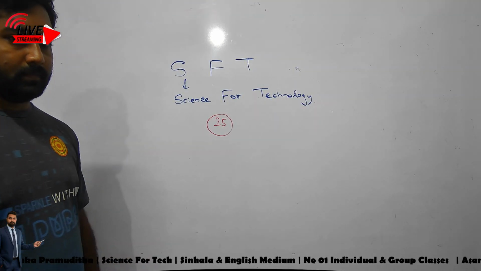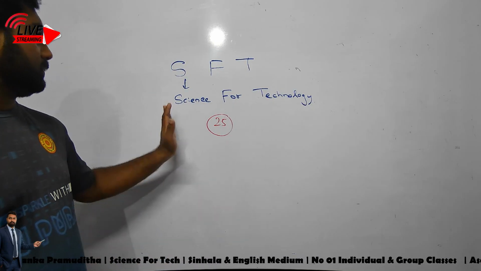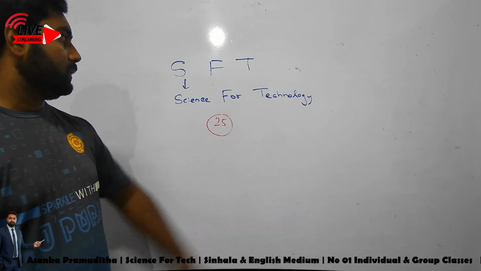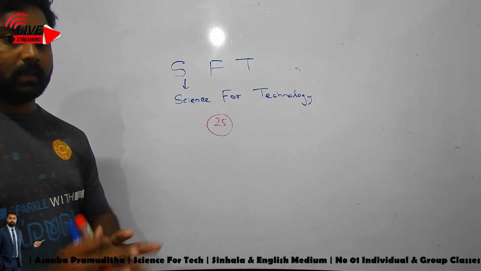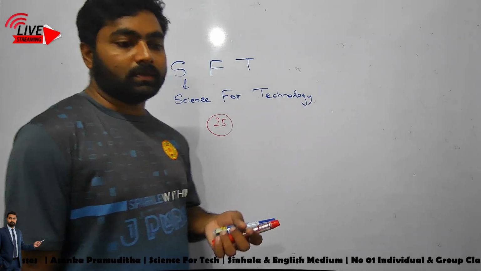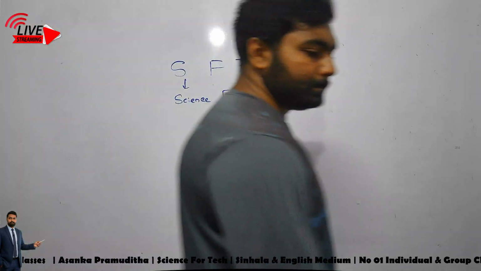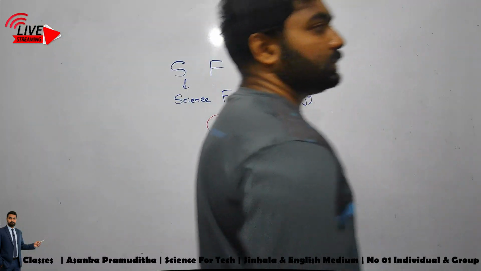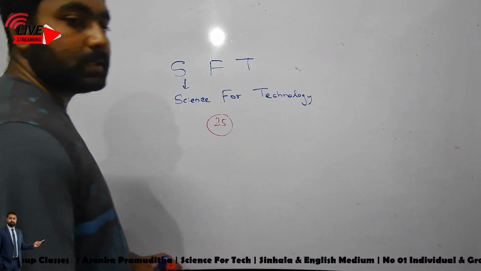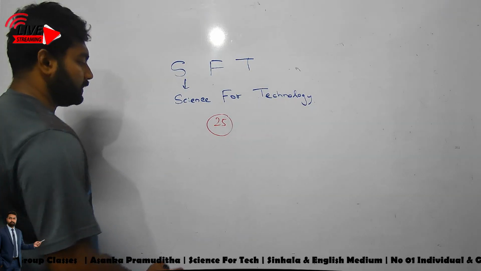Then SFT: S stands for science, F for, T for technology, and now you know we have 25 lessons. These 25 lessons can be divided again into 5 main categories.